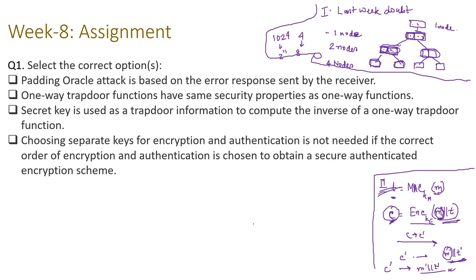But even if you choose that, and you choose a CPA secure encryption scheme and a proper strong MAC for authentication, you still need to choose separate keys, generated uniformly at random from the encryption scheme's key space and from the MAC scheme's key space respectively, because otherwise there will be some information leakage. So it is necessary to have separate keys for both schemes, encryption and authentication.